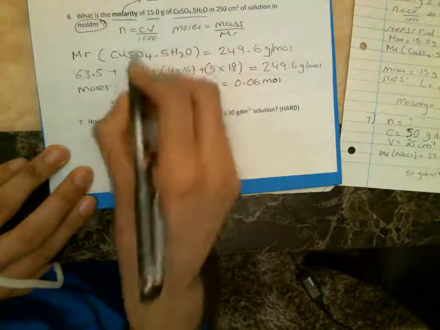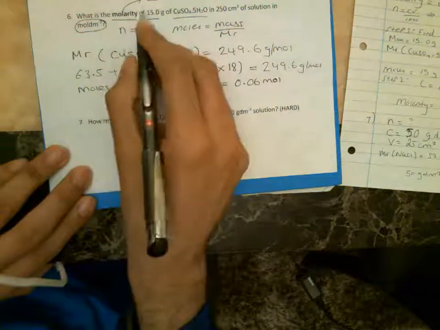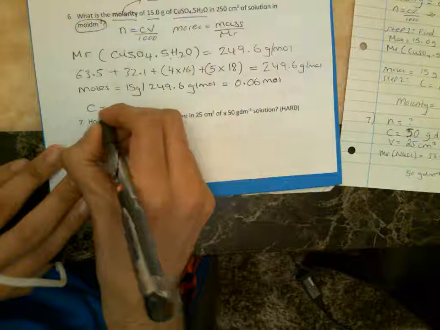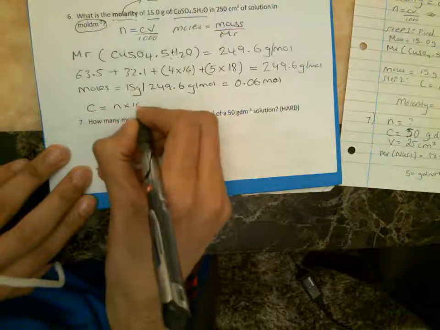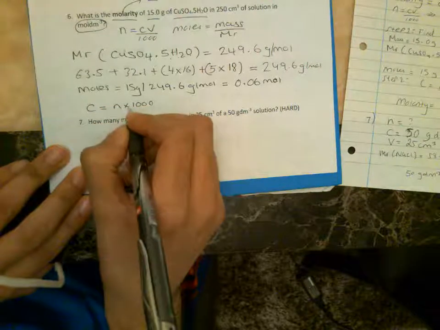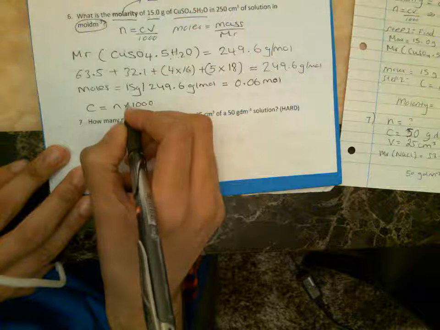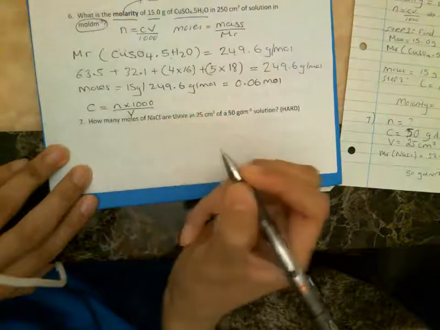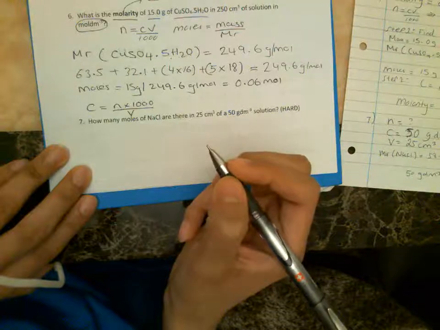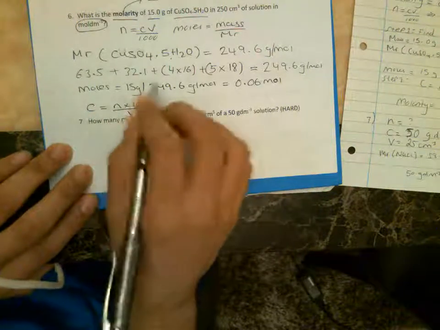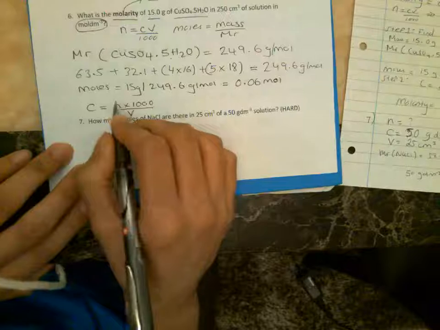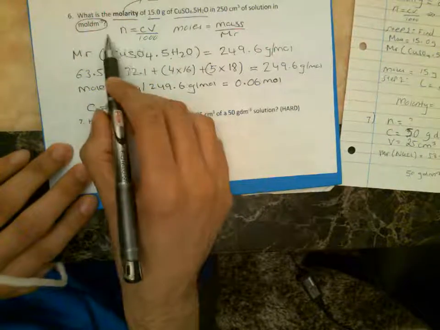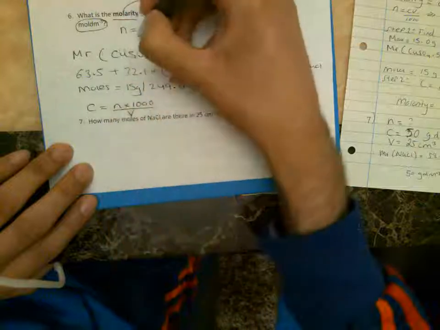Since we're looking for concentration, we would rearrange this equation. So what we would end up with is C equals N times 1,000, so N times 1,000 all over V. Now you may be thinking, how on earth have I ended up with this? Well, if you look at this equation, I've simply just cross multiplied.